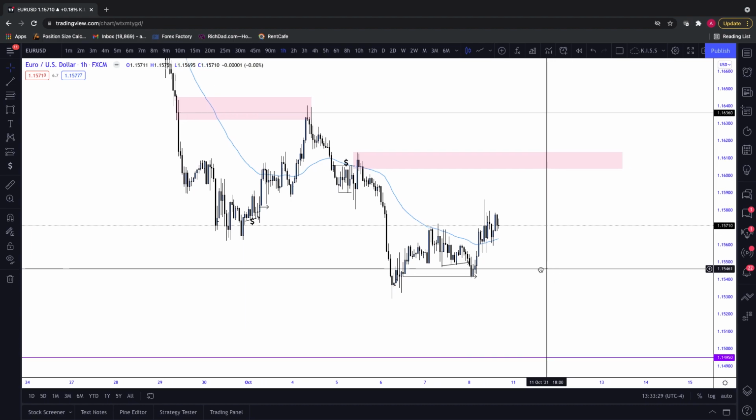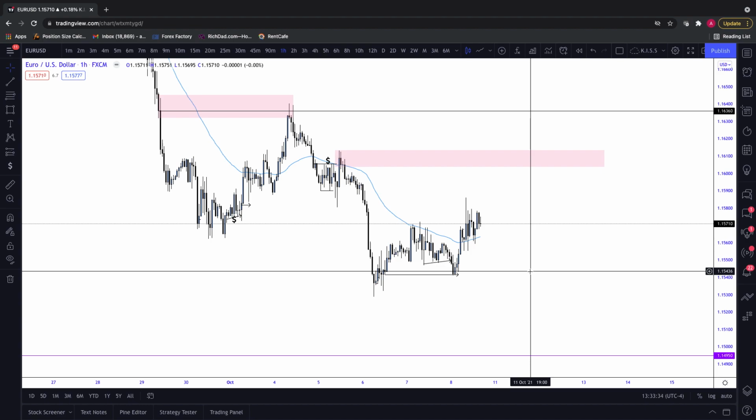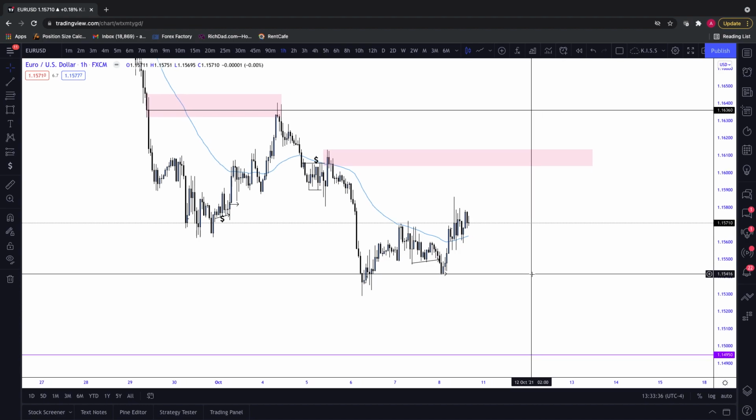Okay, so kind of an update on what we're doing. Exciting update with VIP is we are focusing our trade ideas specifically on three pairs. Okay, and those three pairs are Euro USD, GBP USD, and AUD USD.